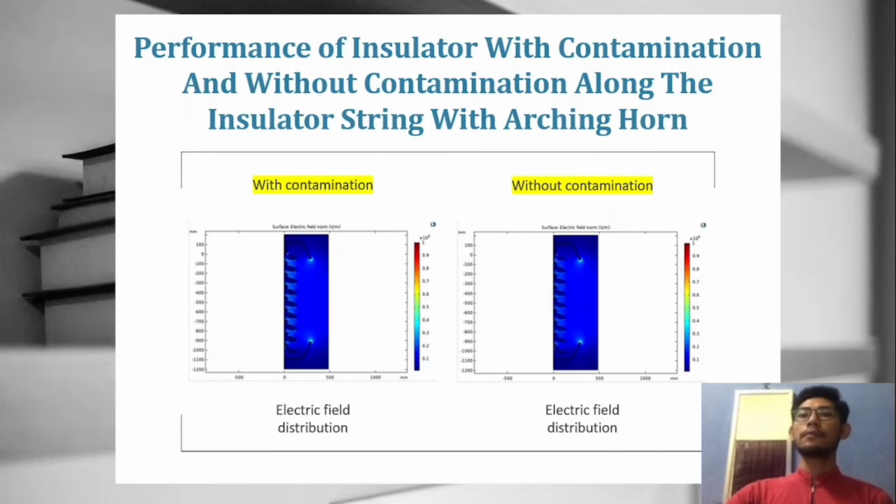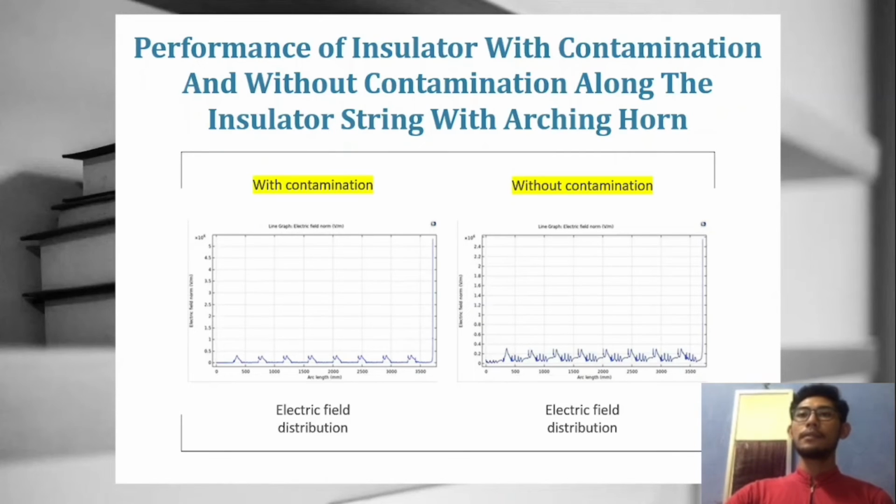This is the surface electric field norm for the with contamination and without contamination electric field distribution from the simulation result. And next, for the line graph of electric field norm, this is arc length against electric field norm. This graph has a little bit of difference with contamination and without contamination.